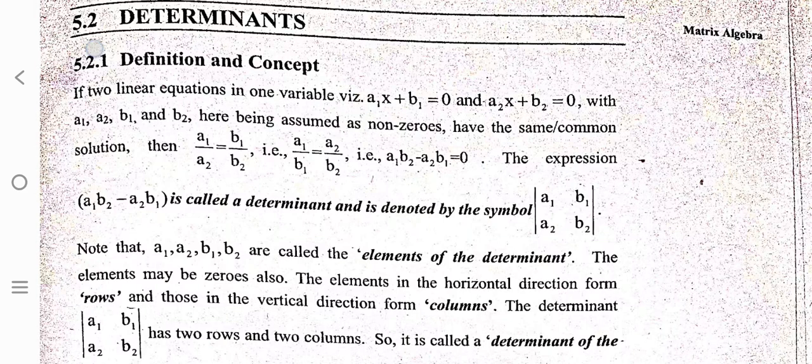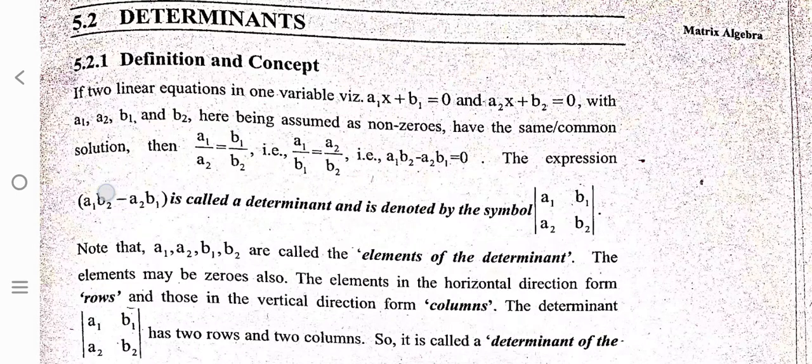So we assume two linear equations in one variable: a1x plus b1 equal to 0, a2x plus b2 equal to 0. Assume that a1, b1, a2, b2 are non-zero and have a common solution. Then we can write a1 by a2 equal to b1 by b2, that is, a1 by b1 equal to a2 by b2.